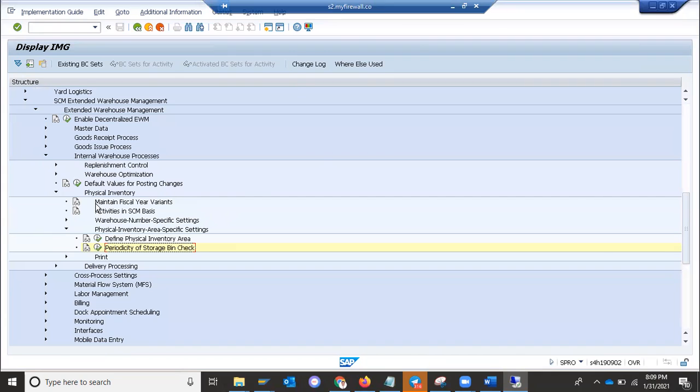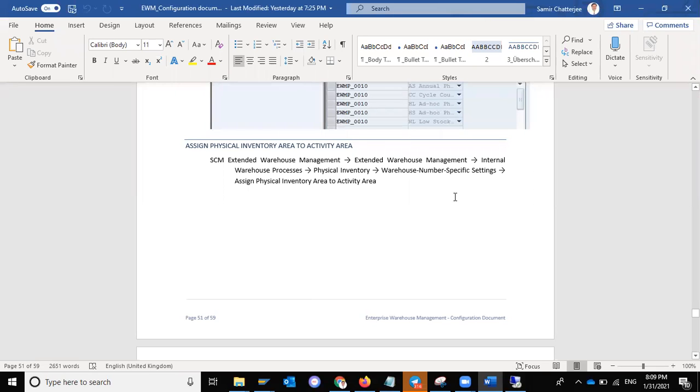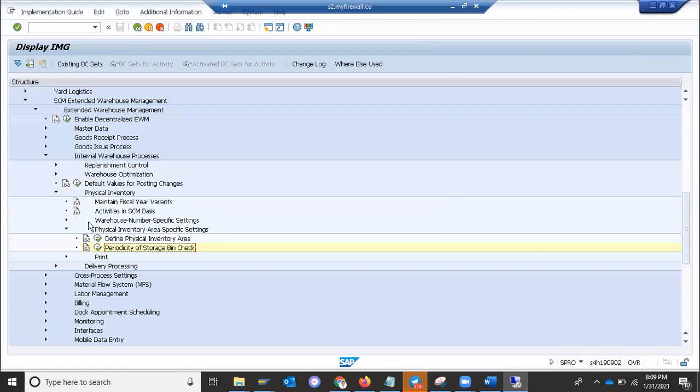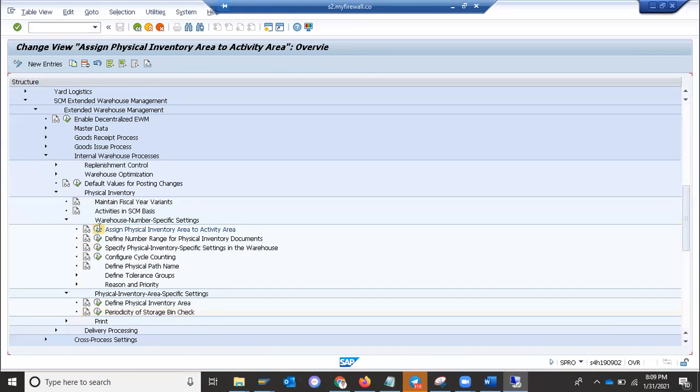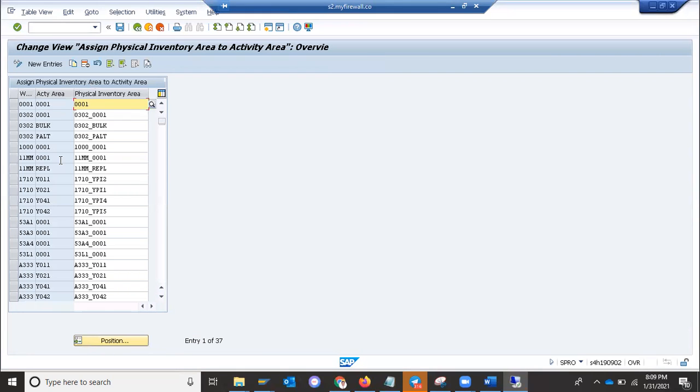Now we can define the internal physical inventory number specific. This assigns the physical inventory area to the activity area, like this.